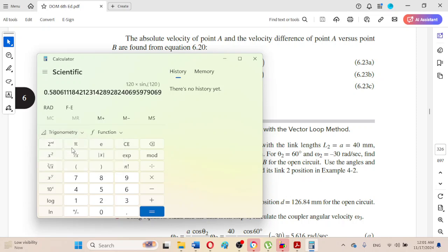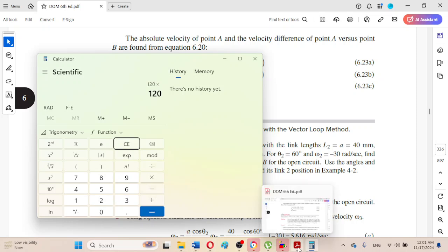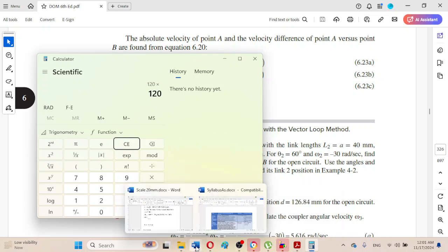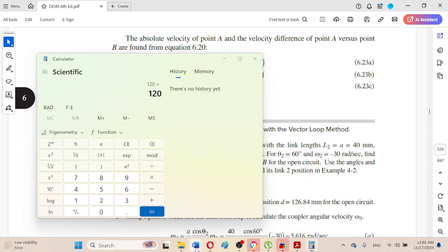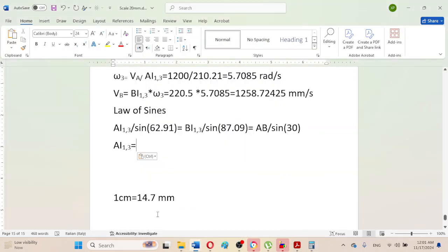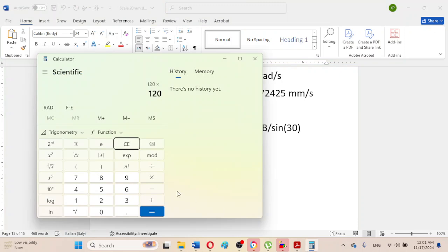sine, sorry, 120 multiplied by sine of 62.91.